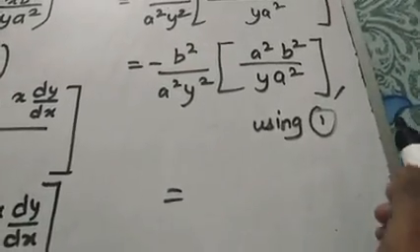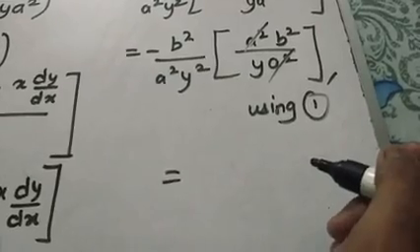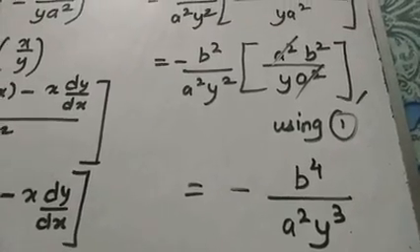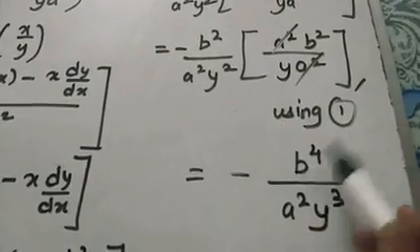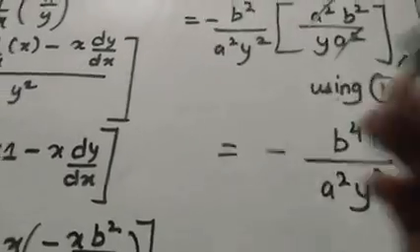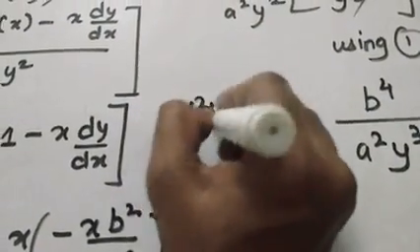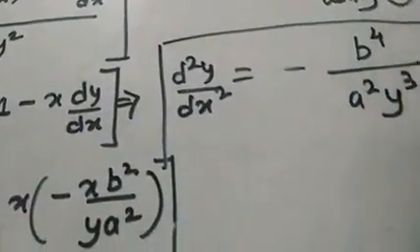Here we can see that a square cancels, and a square cancels, and b square into b square, that is b to the power 4, a square only a square, and y square into y cube. So this is your finally d2y by dx2. Clear?